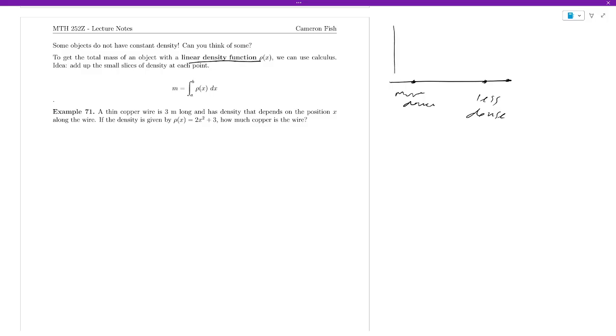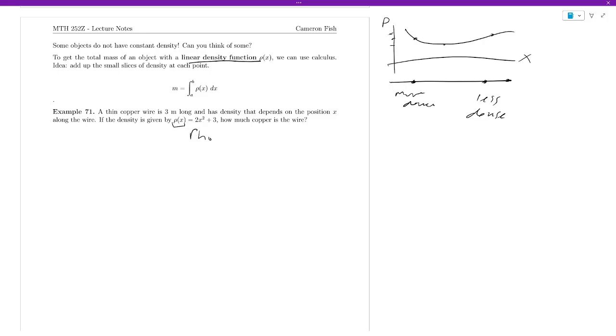Maybe I have this function that I'm calling rho. This is the Greek letter rho, which people use traditionally. I have a function of x which says exactly how dense it is at different spots. Right here it's this dense, whatever that y value is. Right here it's this dense, and right here it's this dense. It goes down and then up.